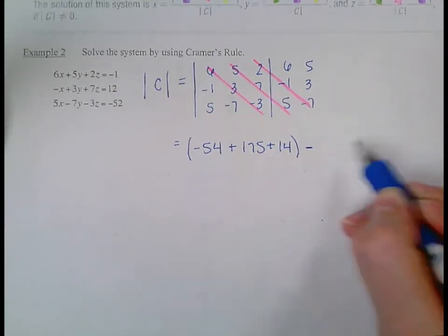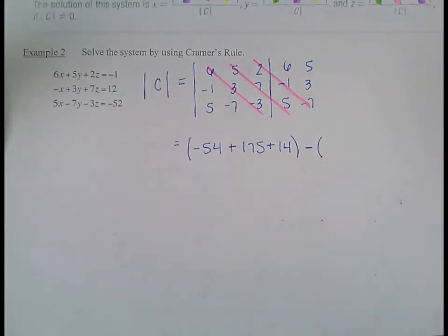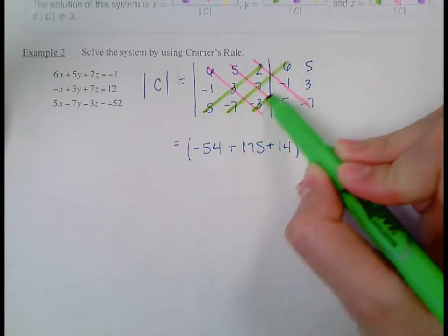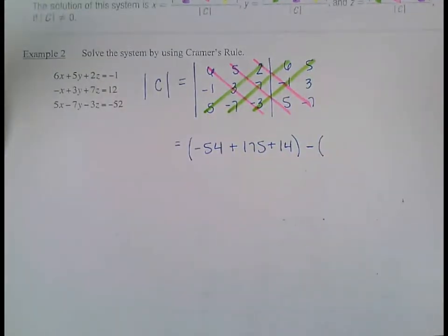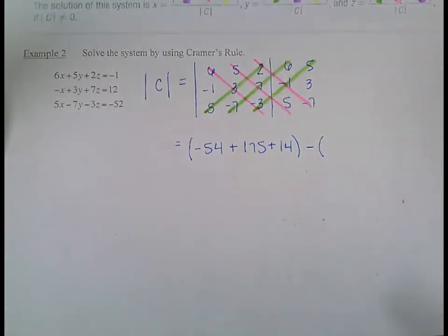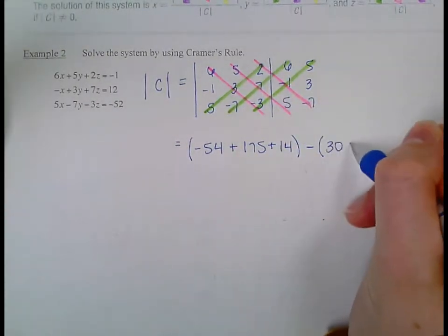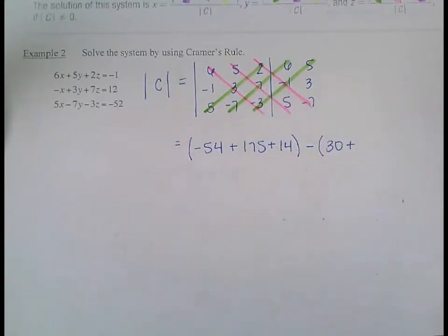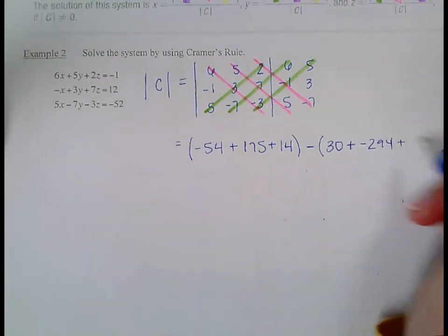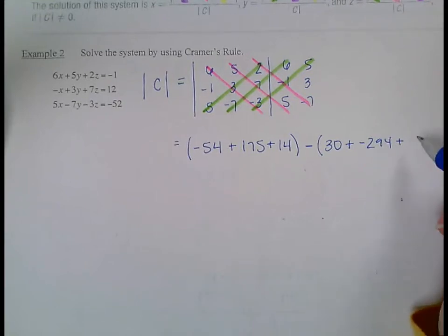And I will be adding all those together and then subtracting the quantity if I start in the lower left and find these 3 diagonal products. The first one, 5 times 3 times 2 is 30. Second, negative 7 times 7 times 6, negative 294. Plus the last one, negative 3 times negative 1 times 5 is 15.